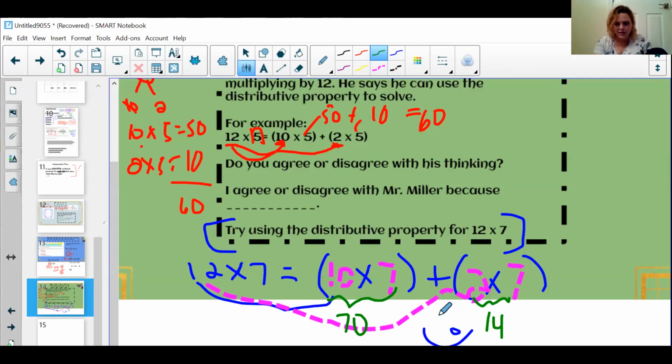My brackets are all ugly, so I'm so sorry, guys. 70 plus 14 would give me a total of 84. So if you got that, give yourself a big check mark.